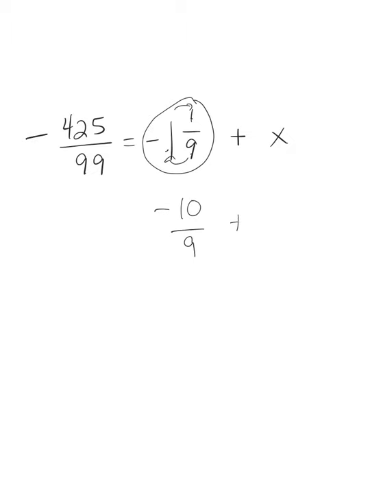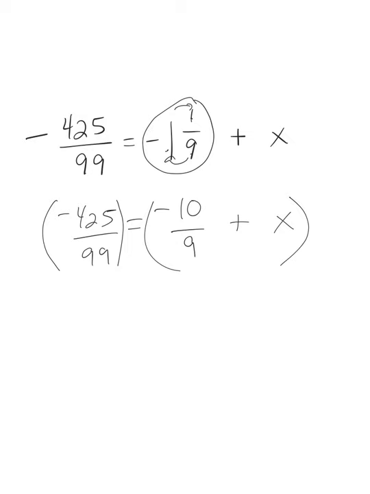So all I did was rewrite the problem with a mixed number. Now, you see 2 denominators, right? 99 and 9 are both in the denominator. So I'm going to multiply both sides by the biggest denominator, which is 99.